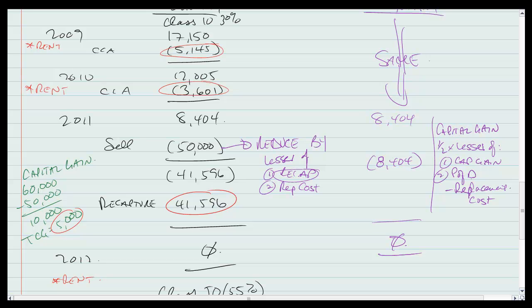So since proceeds are smaller than replacement cost, all of this is 0. And so the lesser of those two numbers is 0. So their capital gain is half of 0, so it's 0. Just to make this clearer, for 2011, on the amended return, the taxable capital gain is 0. Recapture, also 0.